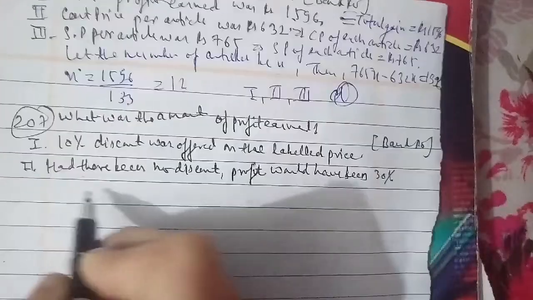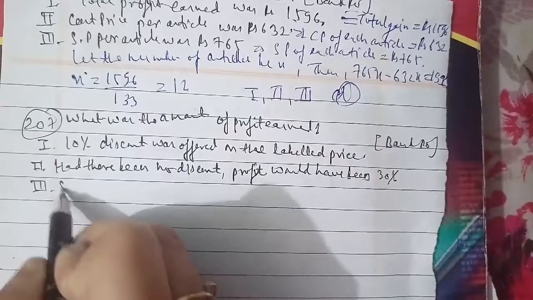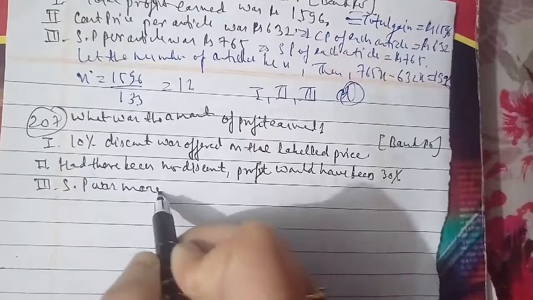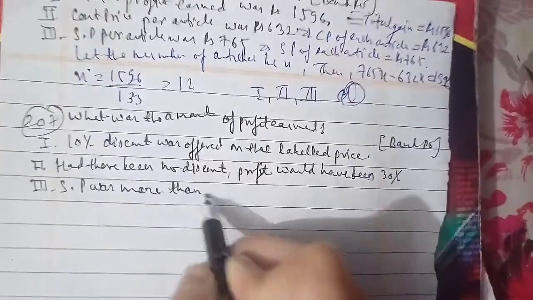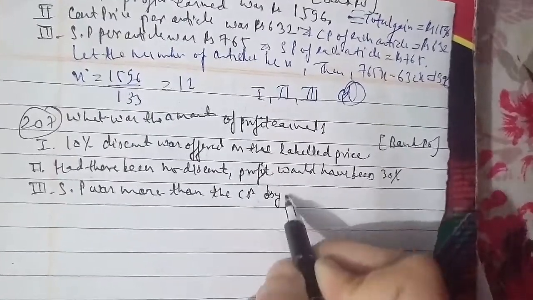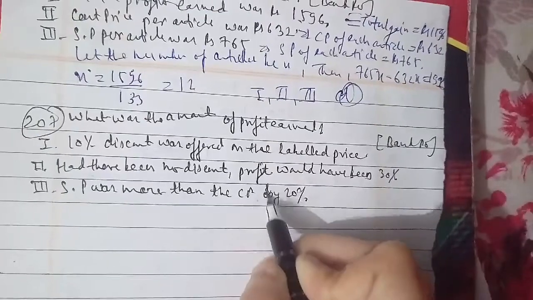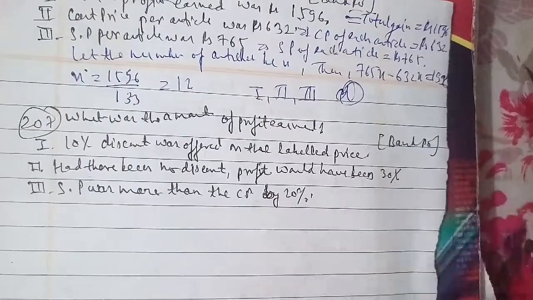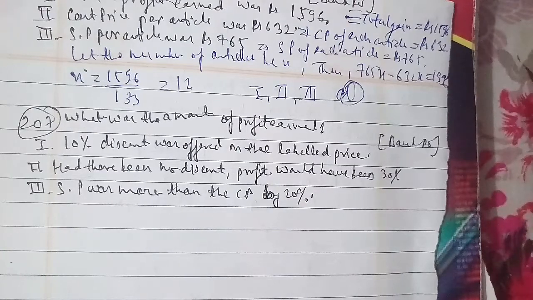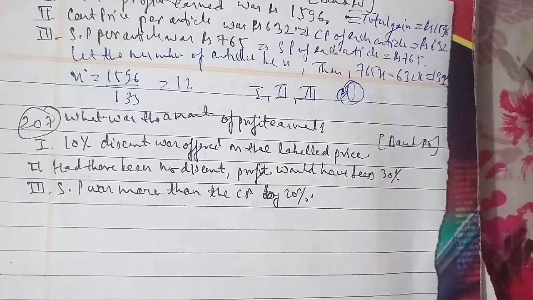And the third statement is: selling price was more than the cost price by 20%. The options are all 1, 2 and 3; any two of the 3; third and either 1 or 2; 1 or either second and third. So we find out the same here, and we go ahead.